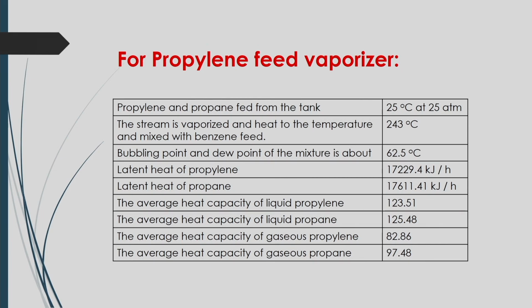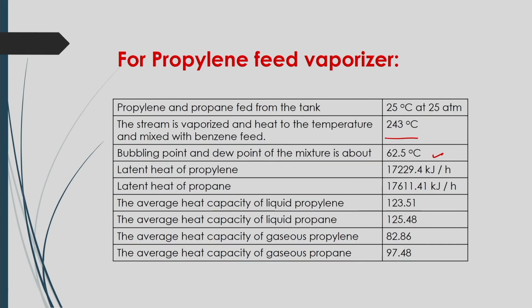For the propylene feed vaporizer, similarly you can calculate the heat required. In this case propylene and propane are fed from the tank at 25 degrees Celsius and atmospheric pressure. The stream is vaporized, heated, and mixed with the benzene feed at 243 degrees Celsius. Now, the bubble point and dew point of the mixture is about 62.5 degrees Celsius.